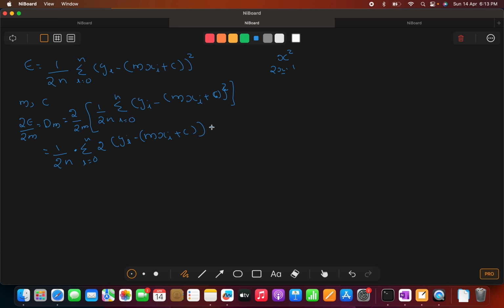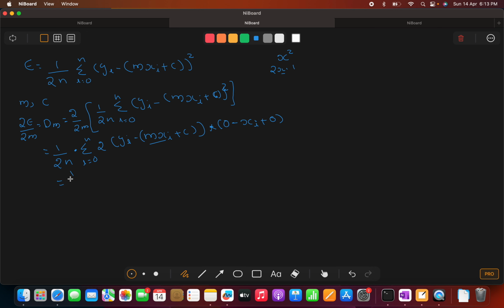Okay, so here when we differentiate by dou yi divided by dou m, since there is no m available, this term will be 0. Then minus, now this mxi. When I differentiate this mxi, then this will be xi. Plus here c, there is no term m here, so this will also be 0.